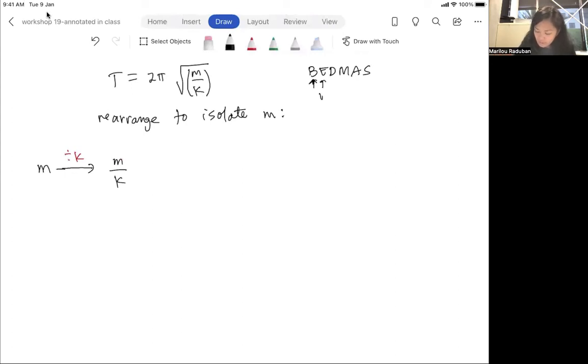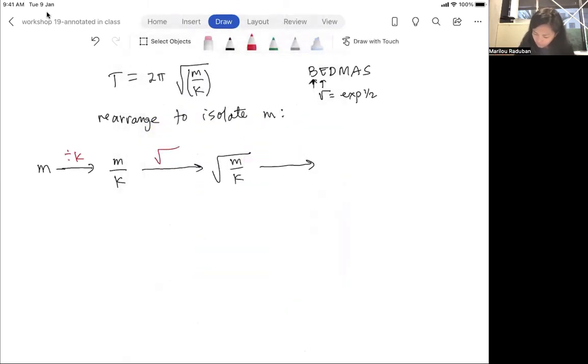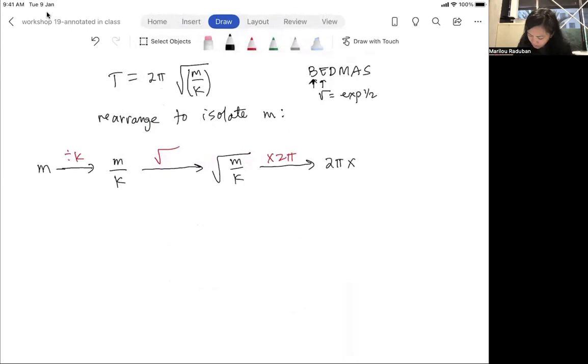Square root is equivalent to exponent 1/2, so doing the square root comes second to dividing by k. So you have m divided by k, you do the square root, and that gives you the square root of m divided by k. And then you multiply by 2 pi. Then you have 2 pi times the square root of m over k, which leads you to the equation for period.